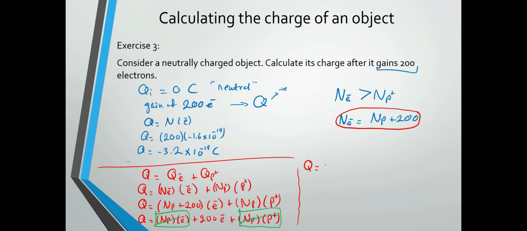So the only part left is 200 times E minus, which is negative 1.6 times 10 to the power of negative 19, and we will get the final answer for Q as negative 3.2 times 10 to the power of negative 19 coulombs.